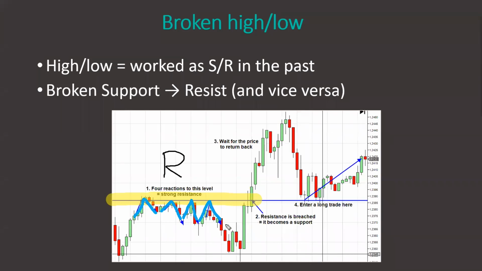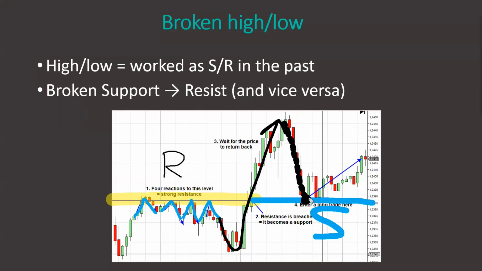Resistance. What happened next was the price went past that resistance. So that resistance turned into a newly formed support. So what do you do? Wait for a pullback and take it from there. Trade that support.